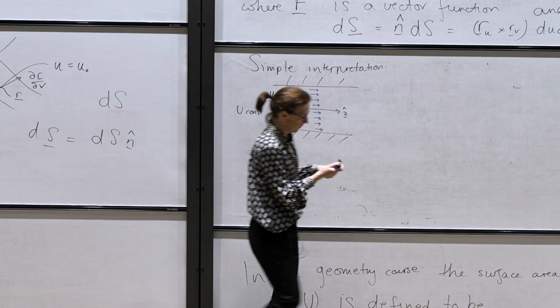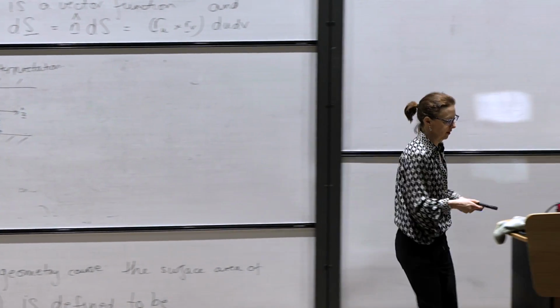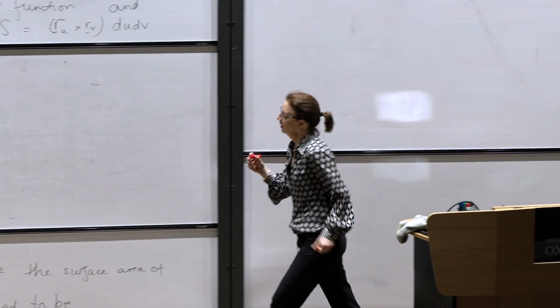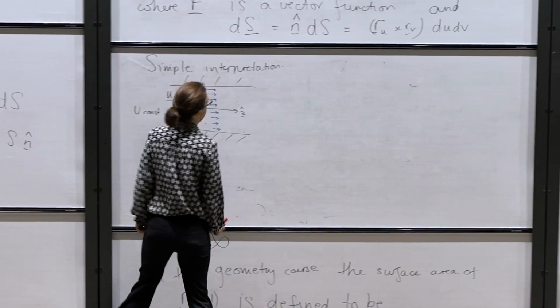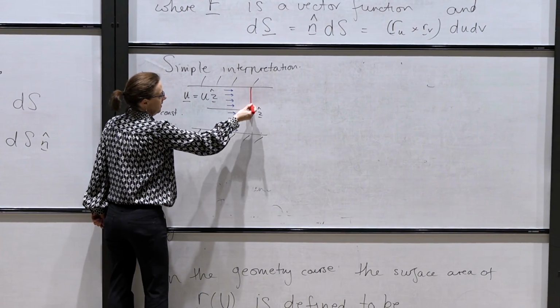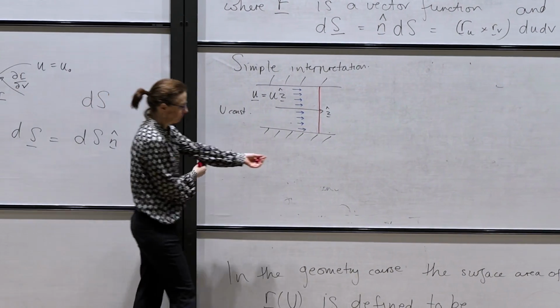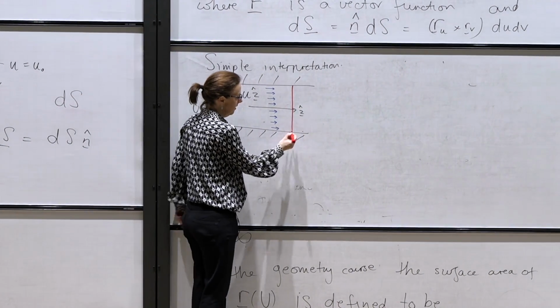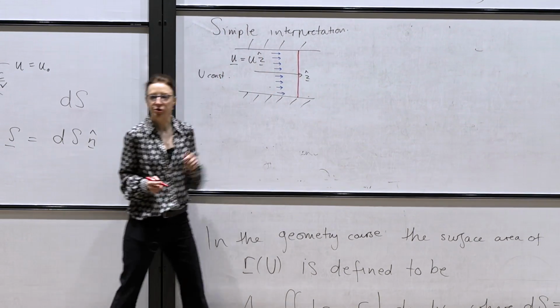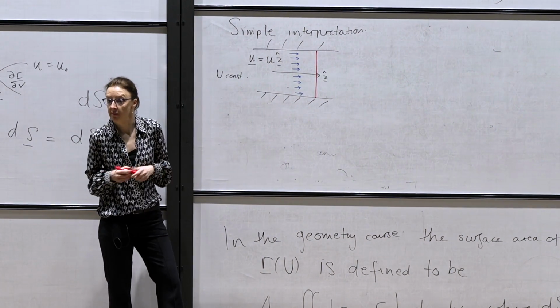Right, so now you can ask yourself, well, how much fluid is crossing any given point in this riverbed, my two-dimensional riverbed? So here is some arbitrary cross-section at some position along my riverbed, and I want to ask how much of that fluid crosses per unit time.